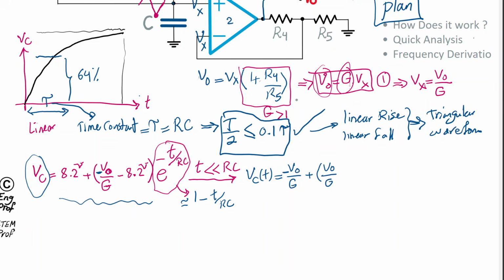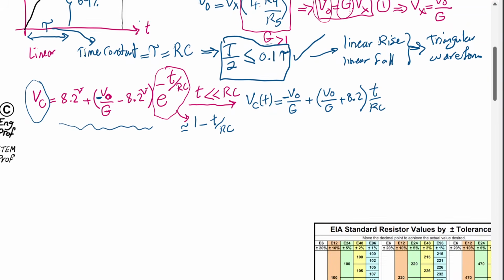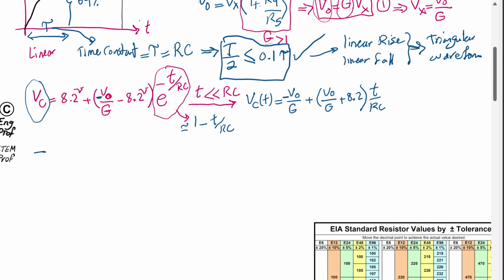Just to make sure that we don't lose track of that, and then plus 8.2, plus because there is a negative and negative, and those two negatives cancel out with the negative in the formula of 1 minus t over RC. So if you simplify, we end up with this equation, t over RC.